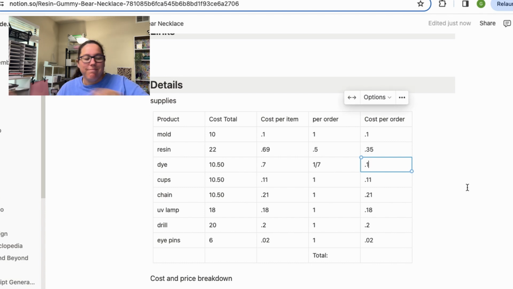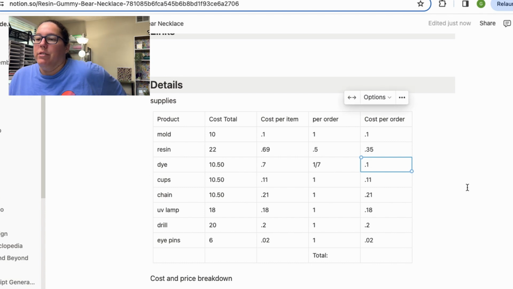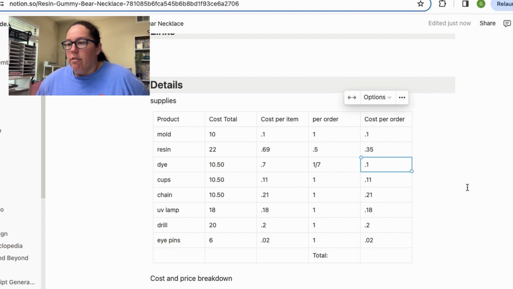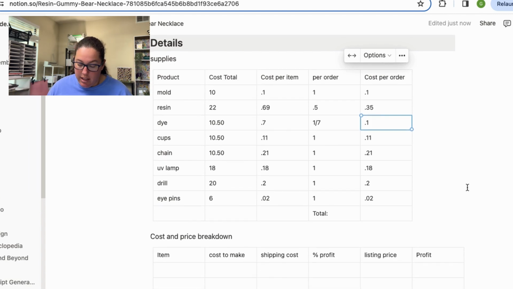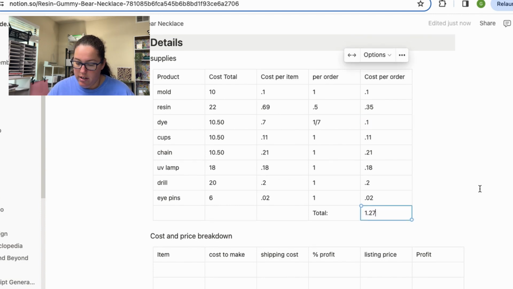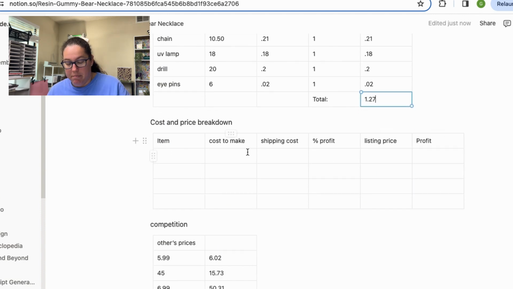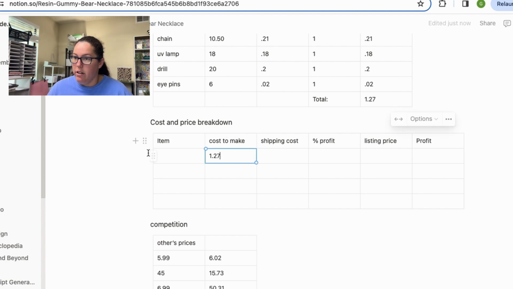Okay, so then basic rough around the edges way of seeing how much it costs to make the item. And so we add up all of that information and that makes it 1.27 per item. So cost to make is 1.27.